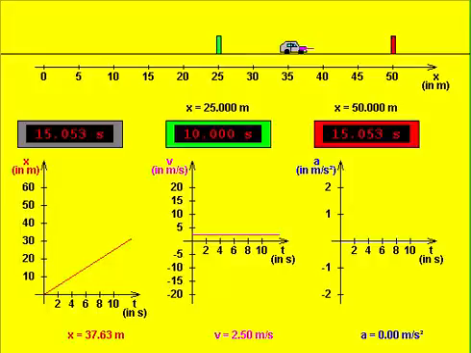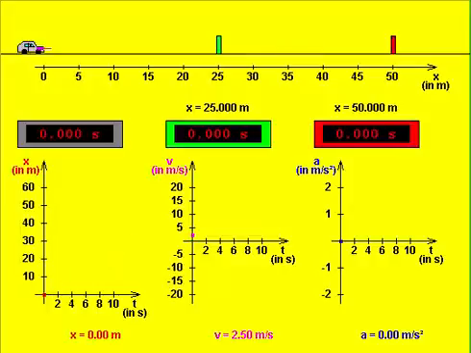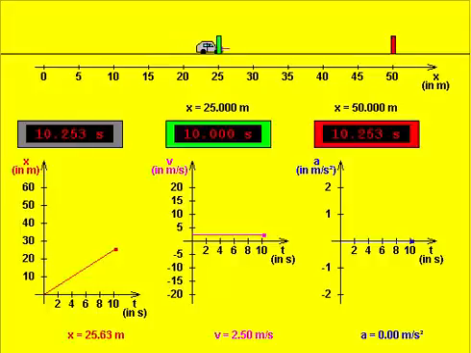Stop it. Take your measurements, reset it. Let's go for the 8th trial. Take your measurements now.